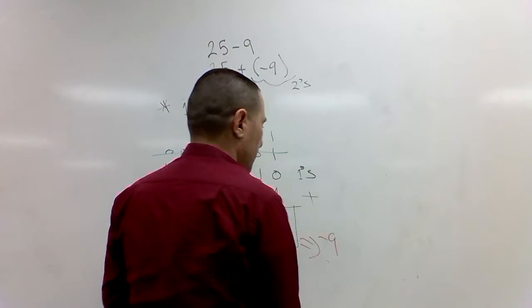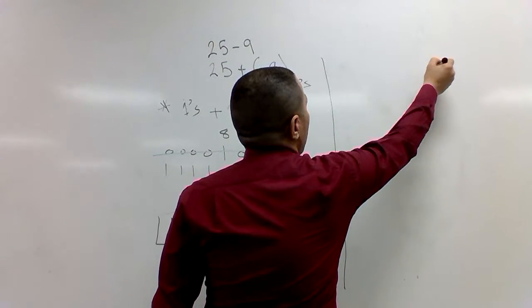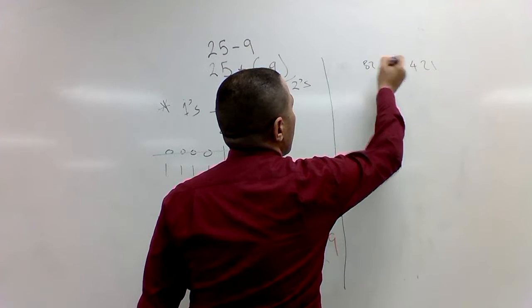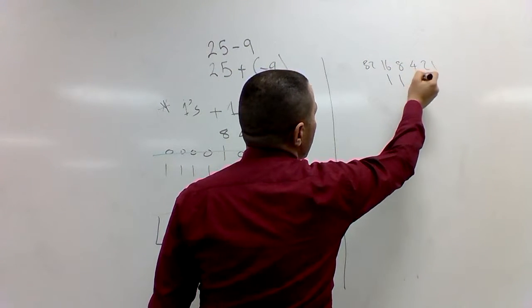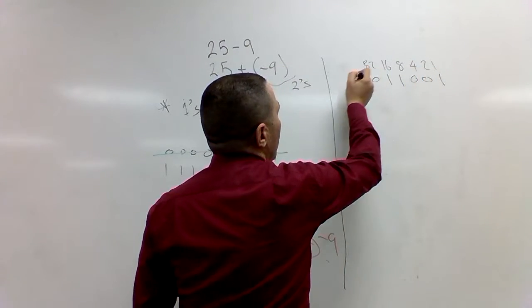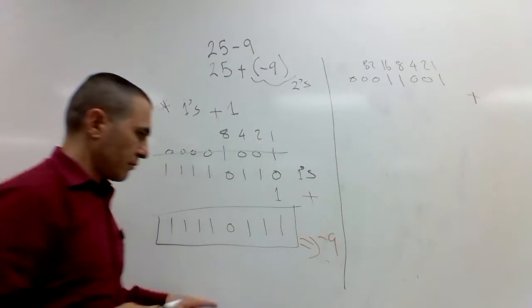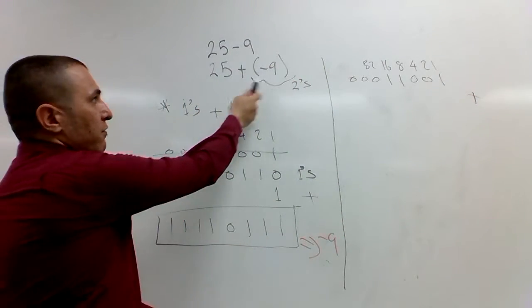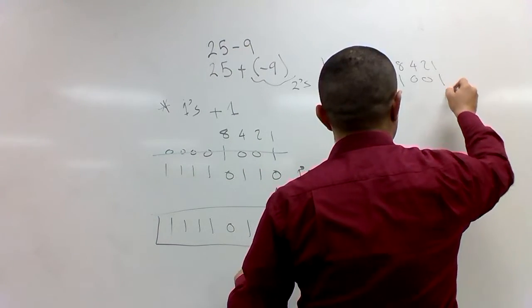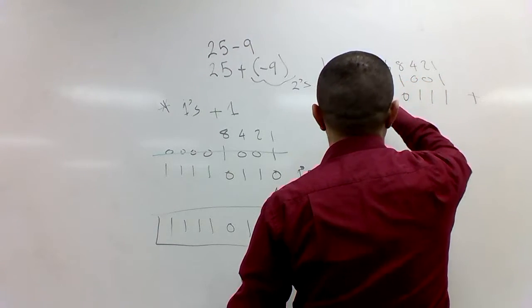What's 25? 25 is 1, 2, 4, 8, 16, 32, but I don't want the 32. 25 is 16 plus 8 plus 1. Let's move it a little bit so I can have space. Now I'm doing 25 plus negative 9, and for negative 9 I got the 2's complement: 1, 1, 1, 0, 1, 1, 1, 1.